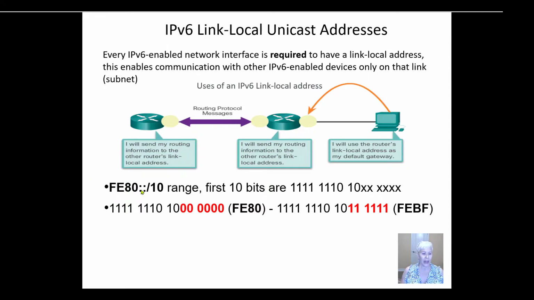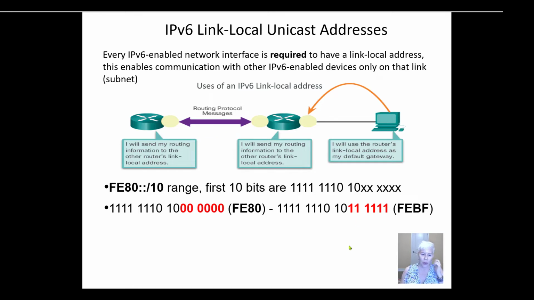The range is FE80::/10. The first 10 bits look like this: 1111 111010. Everything else, it's up for grabs. It can be anything. And then through the FEBF. FEBF, okay?